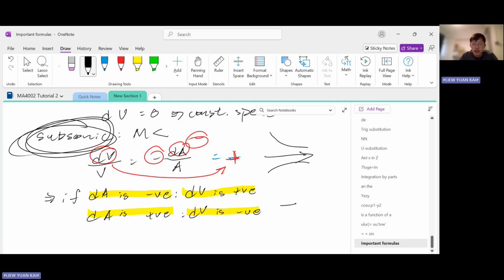Whereas when the cross-section area increases, then the gas is more spread out and it will move slower. So this is in line with our intuition from incompressible fluids. Nothing to worry much about here, at least for subsonic flow. So take note that this is for subsonic flow.